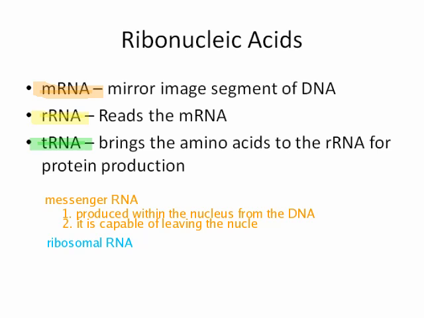The job of ribosomal RNA is simple: to read the message carried on messenger RNA. The job of ribosomal RNA is simply to read the message carried on messenger RNA.